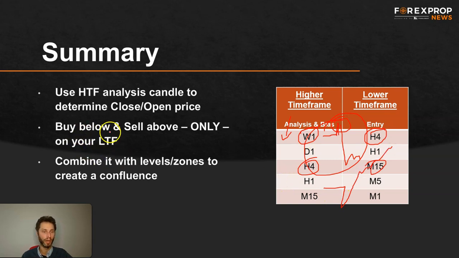So that means you buy below and then you sell above only on the lower time frame. And you combine that with levels, zones, whatever other confluences you have, Fibonacci levels, to create a confluence, so that they fit together, not just because it's higher or lower.